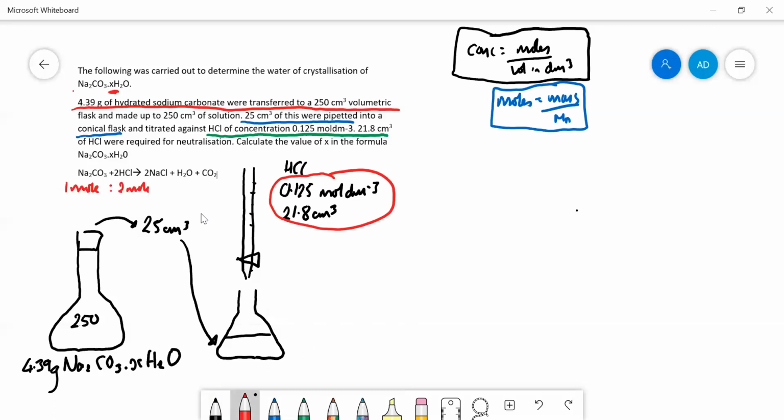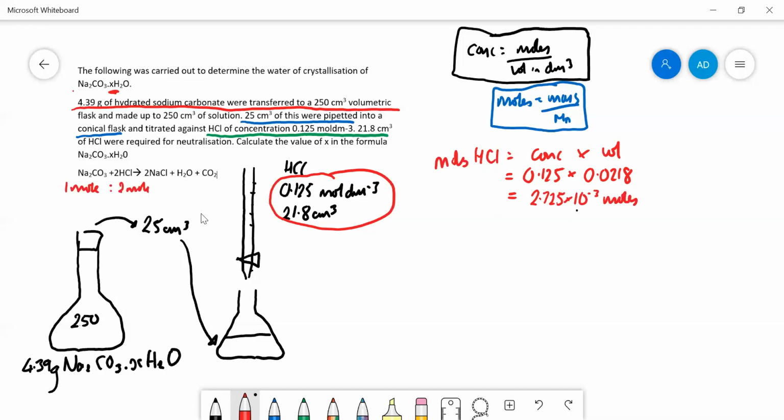Okay, so let's write down that. Moles of HCl, conc times volume. So that's 0.125 multiplied by 21.8 centimeters cubed, which is 0.0218 dm cubed. And that's going to be 2.725 times 10 to the minus 3 moles.